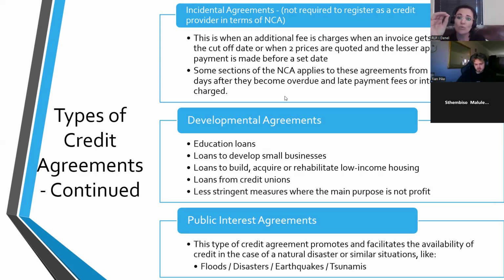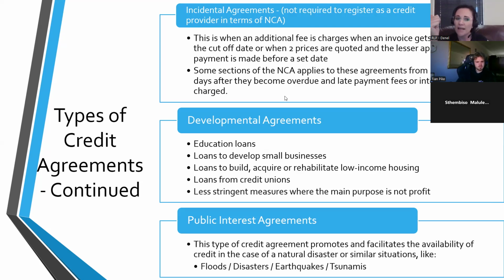Then developmental agreements, guys. The reason why these types of agreements are on the list of exceptions is because what they're trying to achieve with these agreements is growth. The main focus of these types of agreement is not to make a profit, and therefore it won't fall under the strict rules of the National Credit Act.